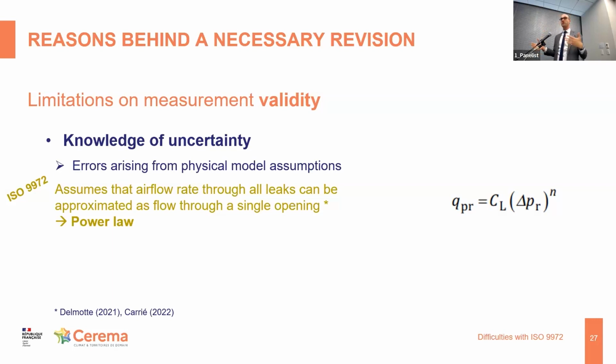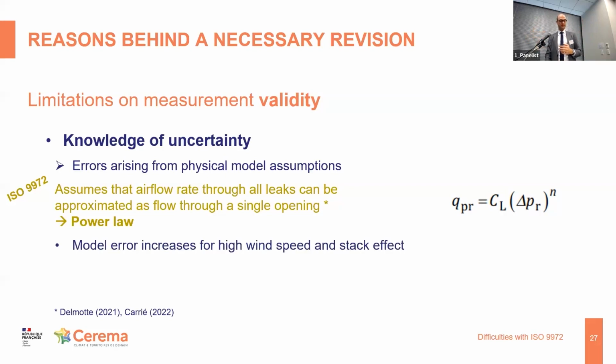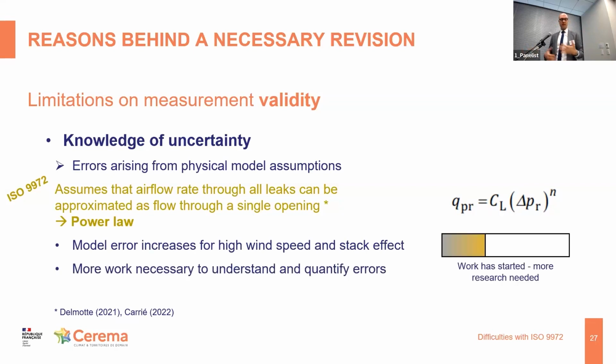But that's not possible because we don't know the leaks. Due to the non-linearity of this equation, summing all these up introduces a model error. This increases with high wind speed and stack effect. But more work is necessary to really understand and quantify these errors.